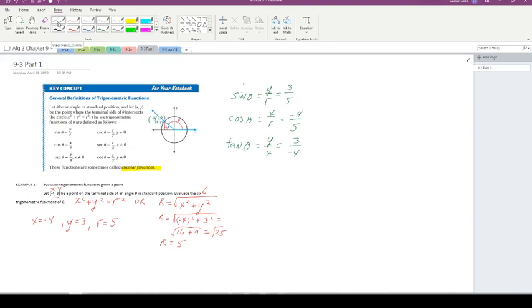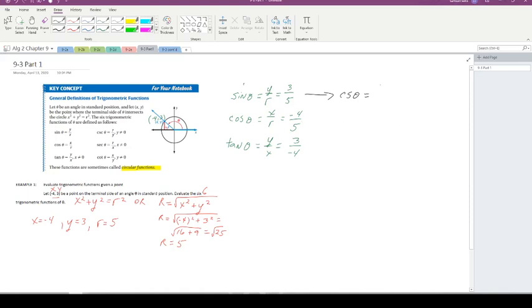Let's go back to, let's do black. So now, okay, we do black here. We could do the reciprocal of the sine, which is cosecant. And there's no calculation to do, just flip this thing because it is y over r.